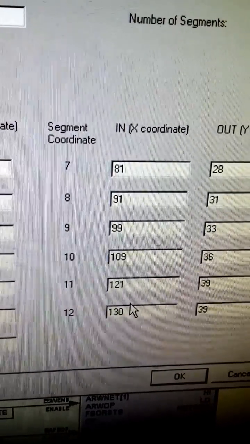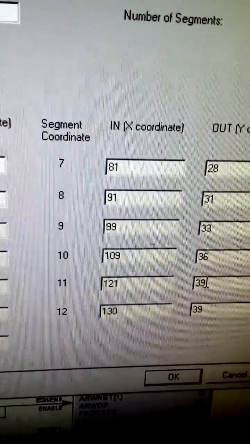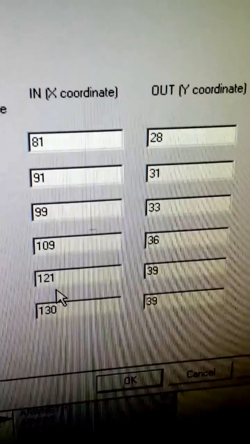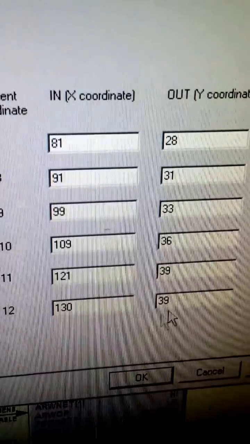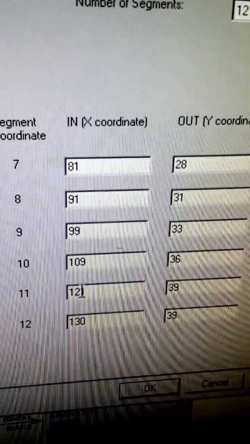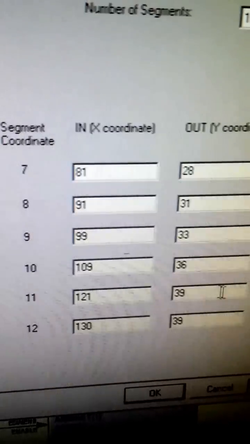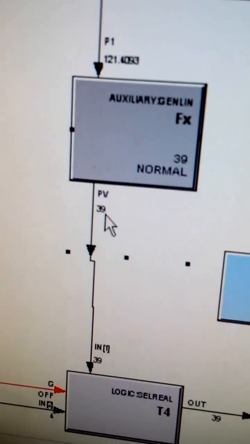Now what would be the output? The output is in between also 39. Whatever the value in between in here, because the 130 is also 39. So even from 121 up to 130, the output would be all 39. You can see the output is 39.